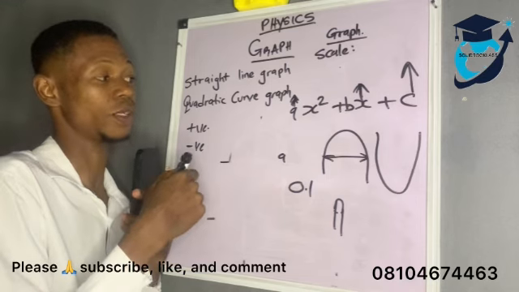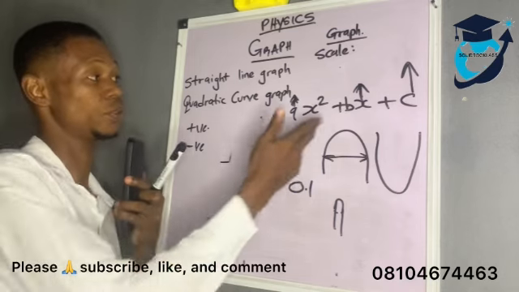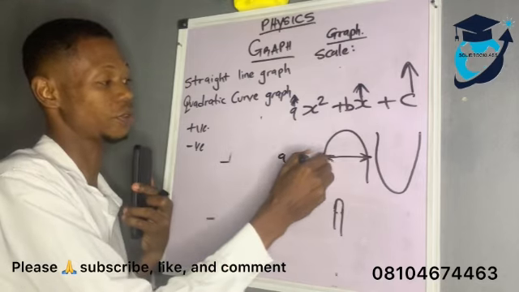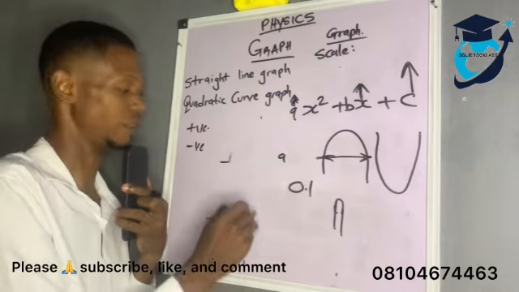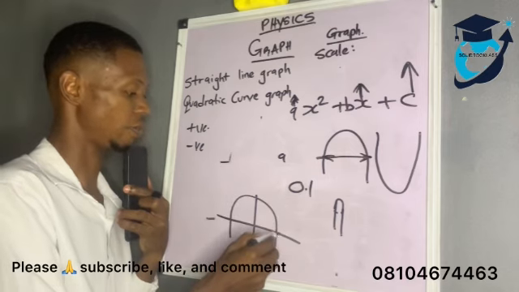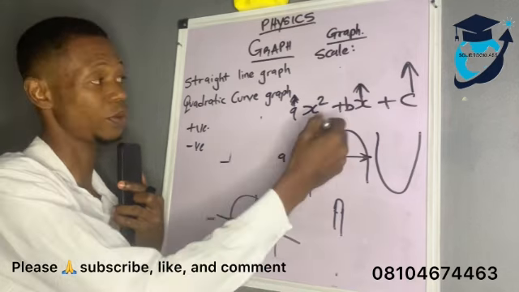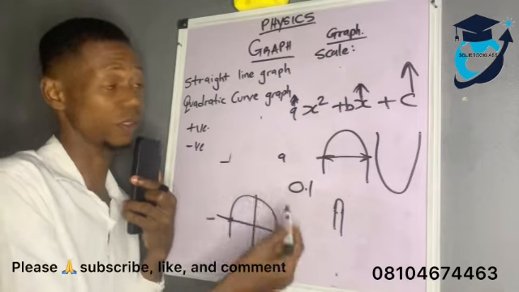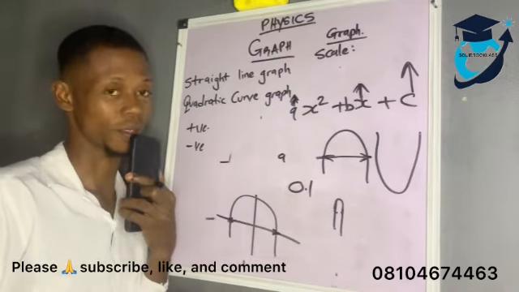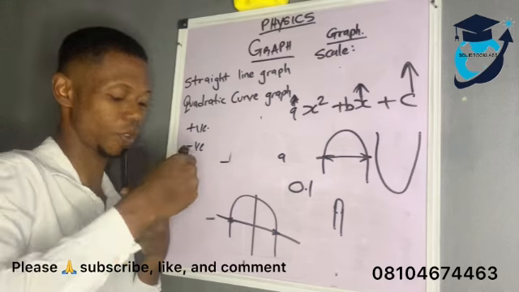You don see am? So the two values now could be where e cross the x-axis. If we get this kind of graph now, e cross here now. Now the two x dem be this. You know say when you solve for your quadratic equation, e dey get two values. So na be this there. So hope say you get.